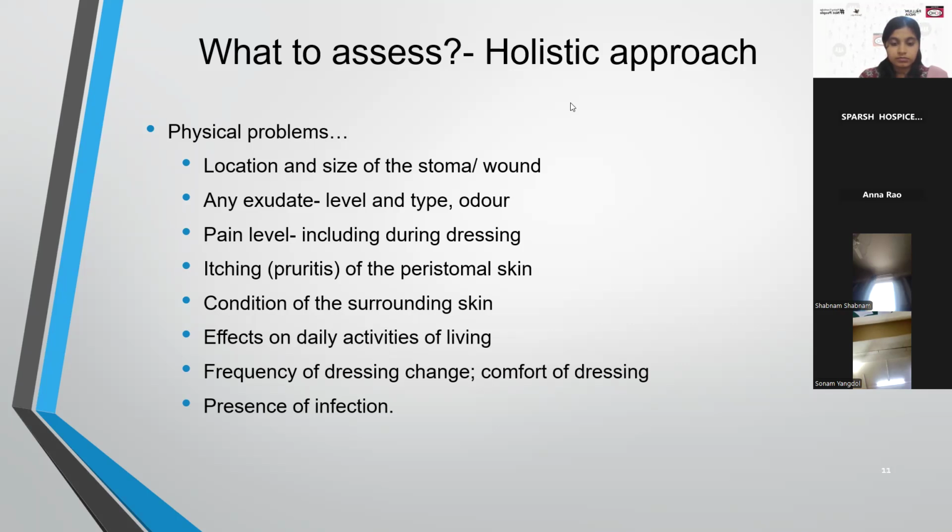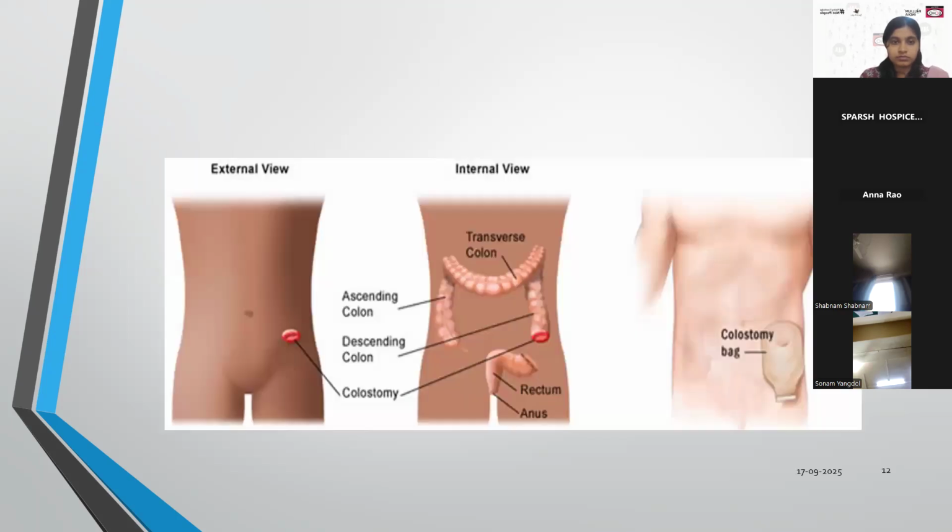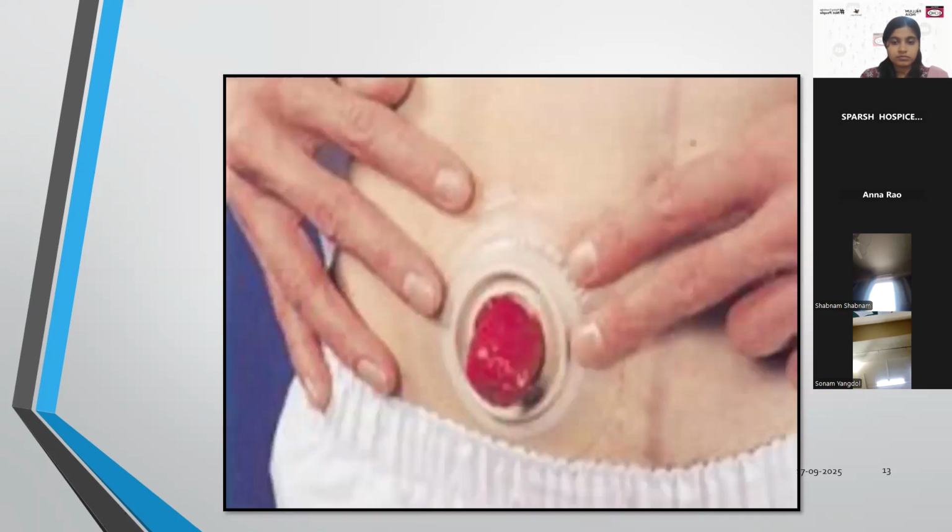It will look like this. You can see the external view. Internal view, and how it will appear when the colostomy bag is applied. The healthy stoma will look like this, pinkish in color. One more, and you can see the wafer applied surrounding it.